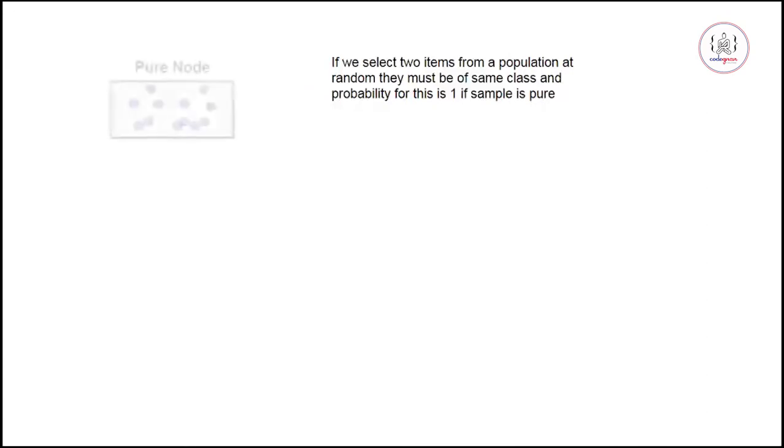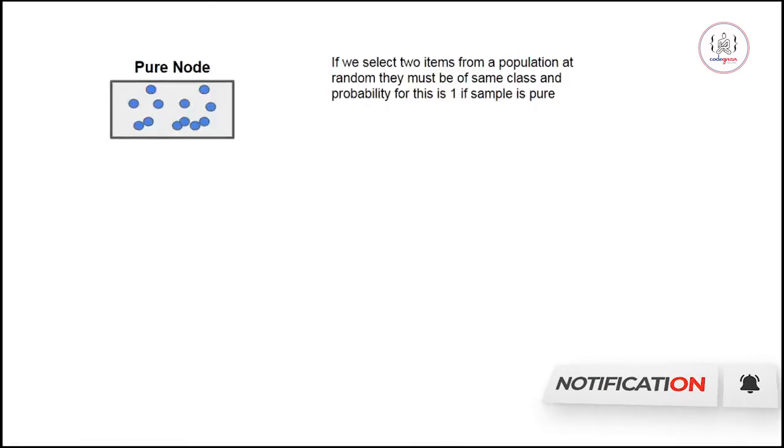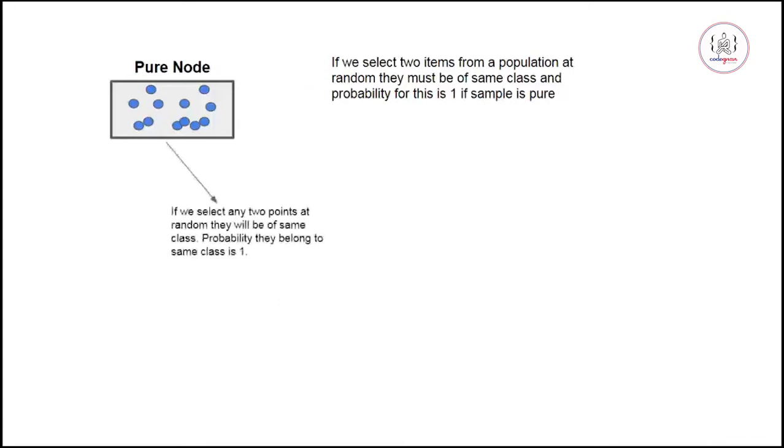Let's consider that you have this pure node where you have only two circles. If I tell you to select any two data points, they are going to belong to the same class, and the probability of that is 1 as this node is pure.